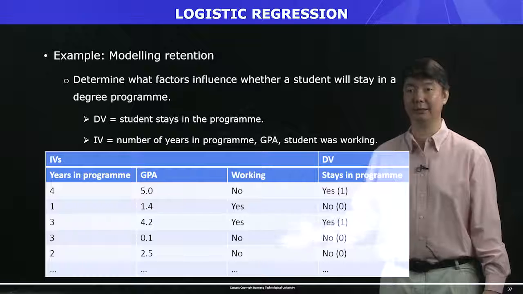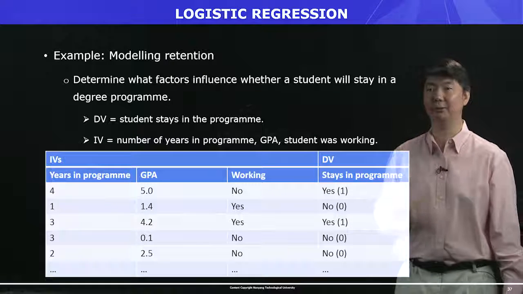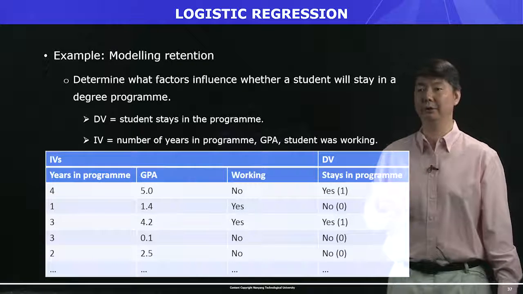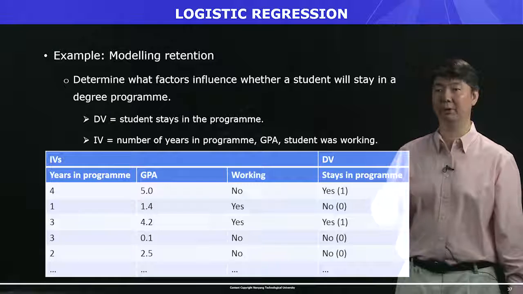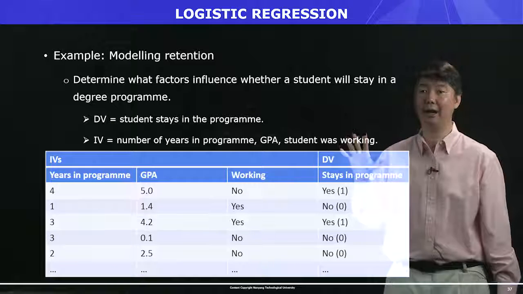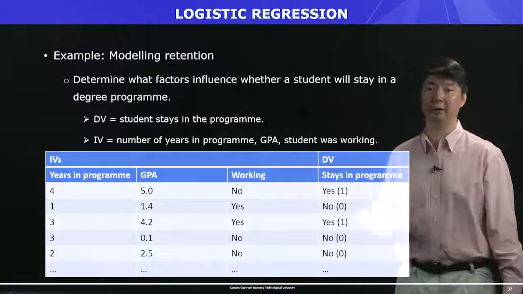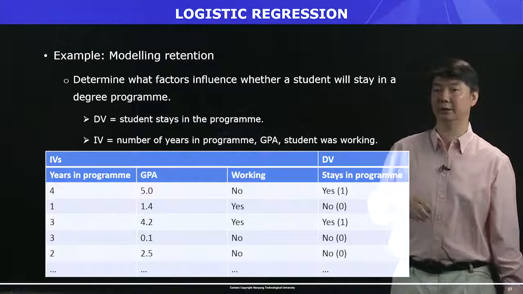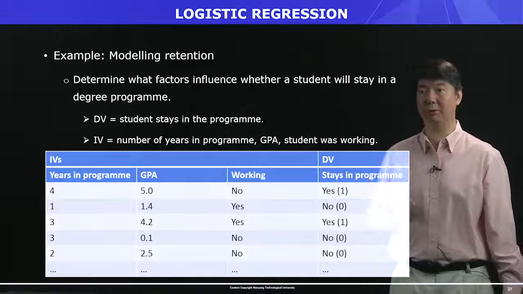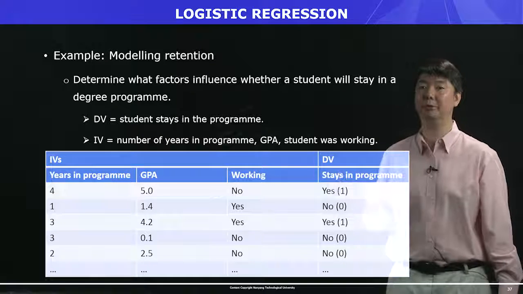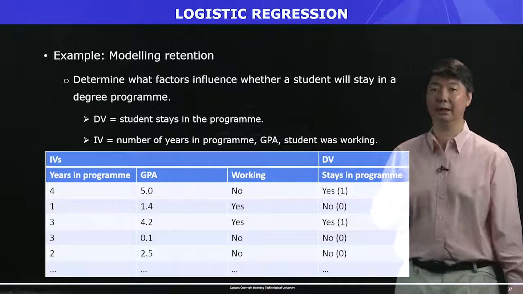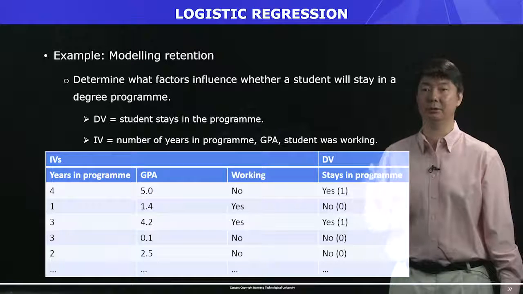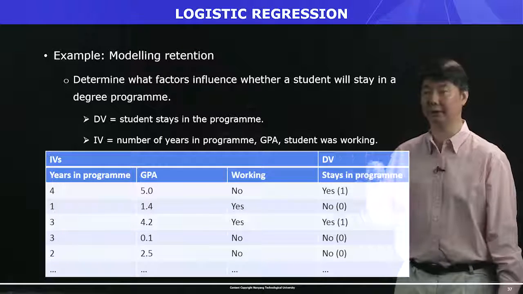So this is some example data which is fictitious. So for example, in the first row, the student stays in the program for 4 years, his GPA is 5, and he's not working. And the end result is the student stayed in the program. In the second row, the student was in the program for 1 year, GPA was 1.4, and the student was working. And the result is that the student did not stay in the program, so that is a 0.